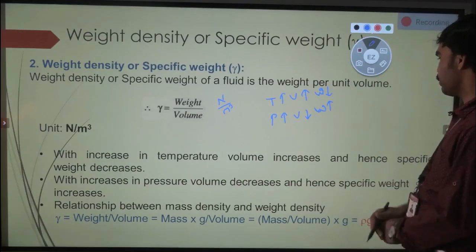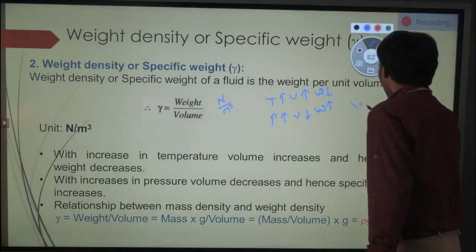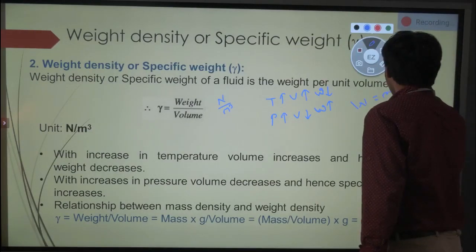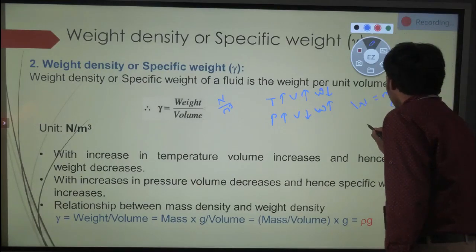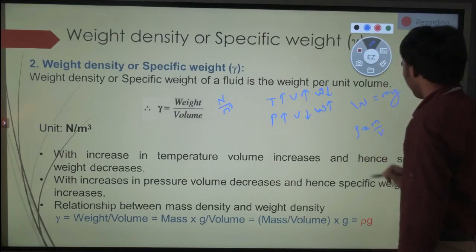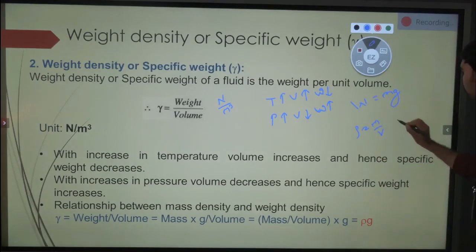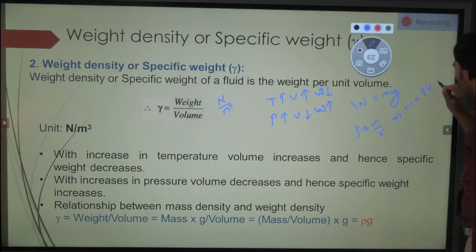So what is the relation between the mass density and weight? We know weight is equal to mass into acceleration due to gravity, W = m g. Density is equal to mass by volume, rho = m / V, so mass is equal to density into volume.